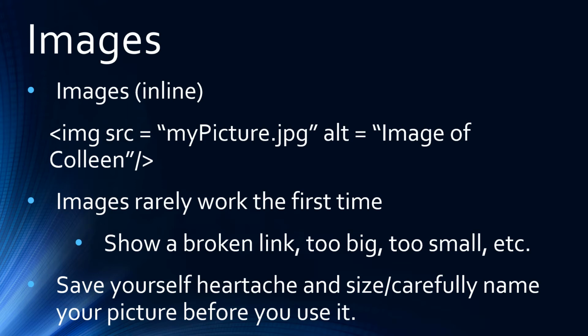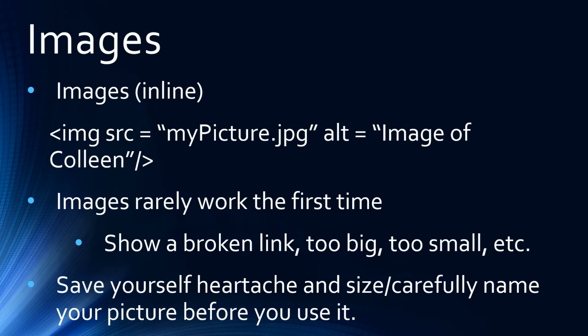Many people will just end right there, but we don't want you to do that. Images should also always include an alt attribute. Alt stands for alternative text, and this is what's going to show up to somebody who's using a screen reader, or even if the picture is missing for some reason because you've misnamed your file.